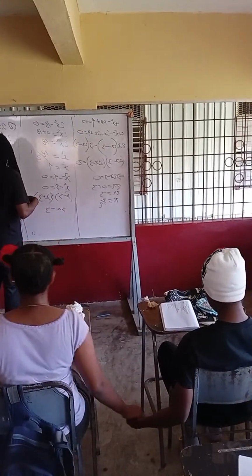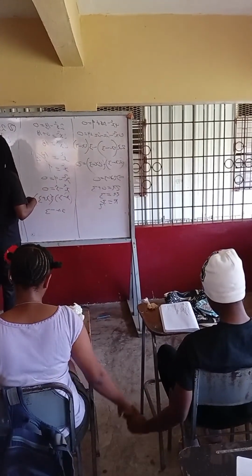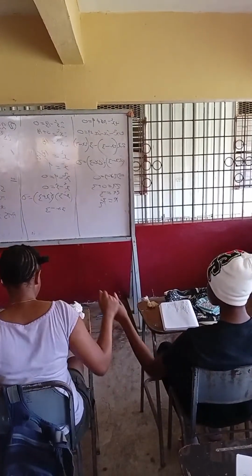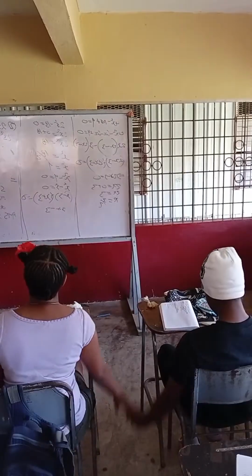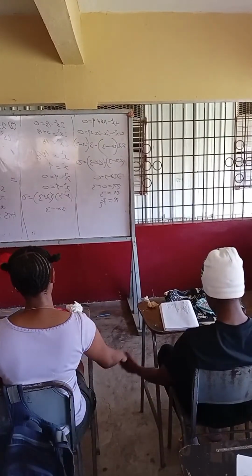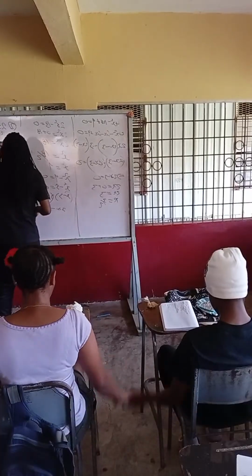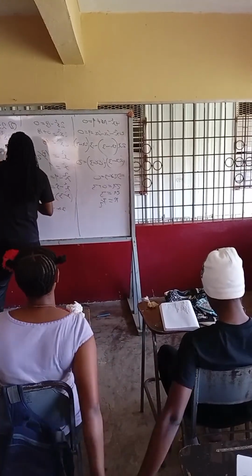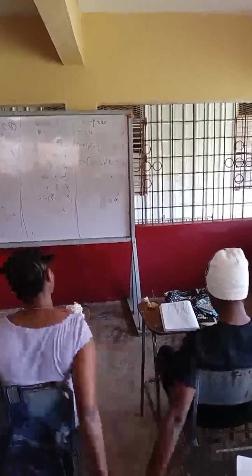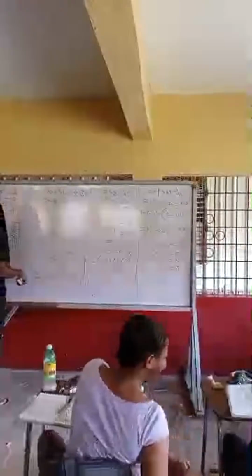2x squared plus 0x minus 18 equals 0. Yeah, we easy. Here a is 2, b is 0, c is minus 18. 2 times 18 is 36, negative. Everybody see that?